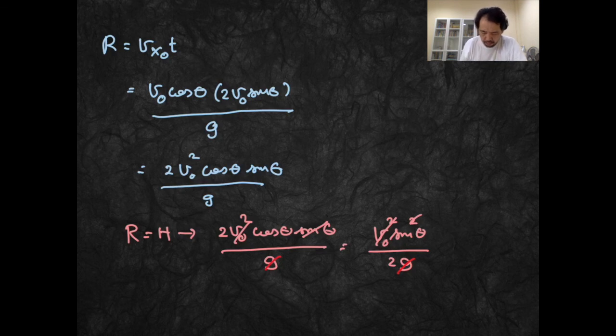So if we put these two to the left side and we put the cos to this side, we have sine theta over cos theta is equal to 4. Sine theta over cos theta is tan theta, so it means that tan theta is equal to 4.